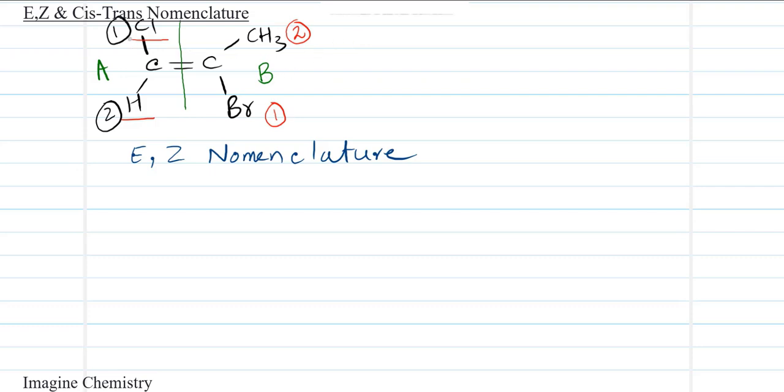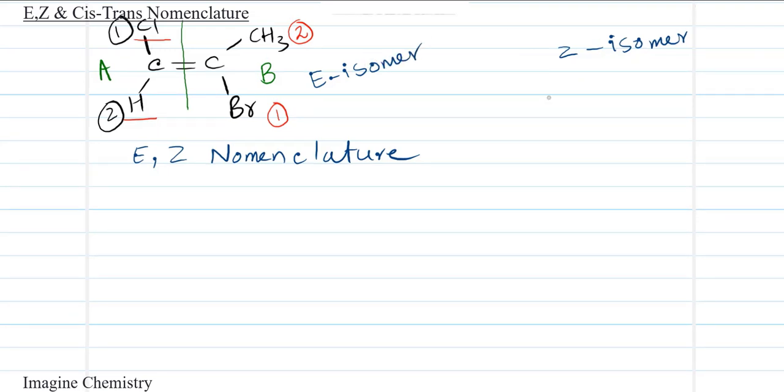Now see if the top priority substituents are on the same side, then it will be the Z isomer. But in the case of this molecule, the two top priority groups are on different sides, so it is the E isomer.